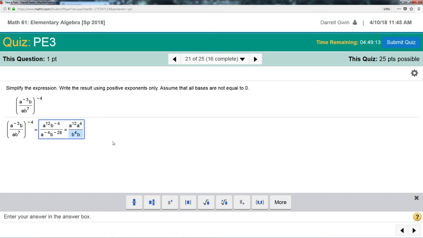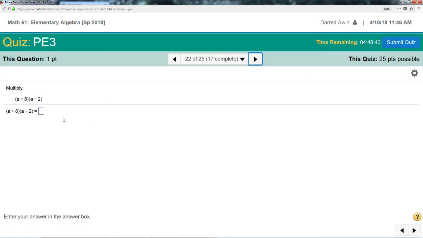And the b to the negative 20 is going to cross the line to the top and become b to the positive 28. 12 plus 4 is 16, and 4 b's will cancel out, so 28 minus 4 is going to be 24. And that's the answer. The denominator is all canceled out, becomes 1, so it goes away. Hope it accepts that, because I typed a lot in there.